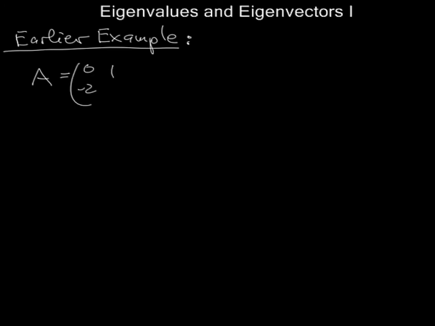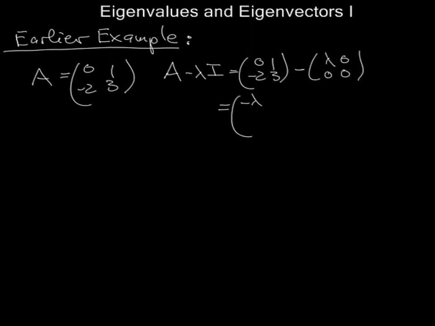So let's go back and look at our earlier example. I had this matrix 0, 1, minus 2, 3. How do I find the eigenvalues and eigenvectors of this matrix? Well, A minus lambda I is this matrix minus lambda on the diagonal, which is to say minus lambda, 1, minus 2, 3 minus lambda. Take the determinant of this matrix.